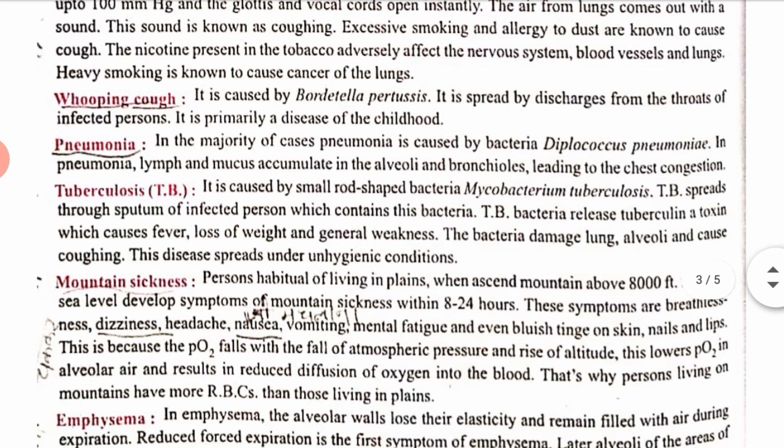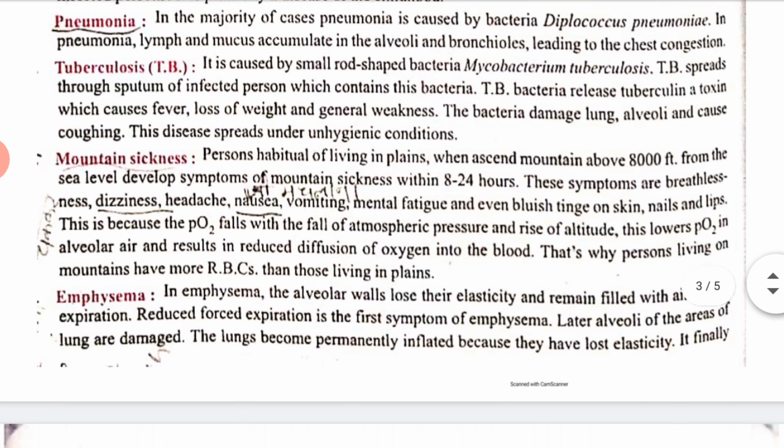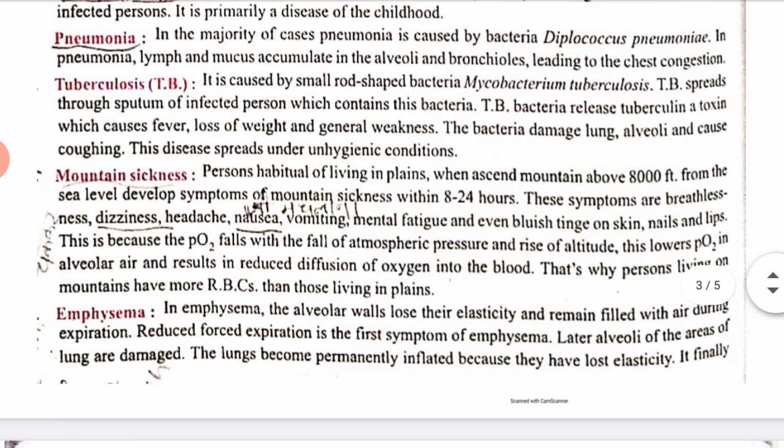Next we have pneumonia. The majority of cases of pneumonia are caused by bacteria, in which fluid and mucus accumulate in the alveoli and bronchioles, leading to chest congestion. Now next we have tuberculosis, that is TB.